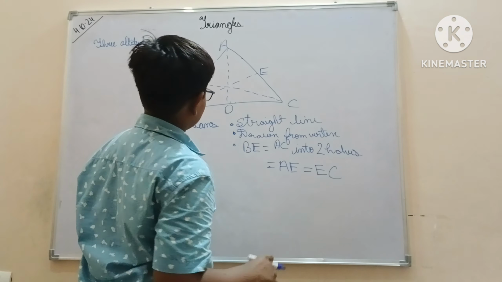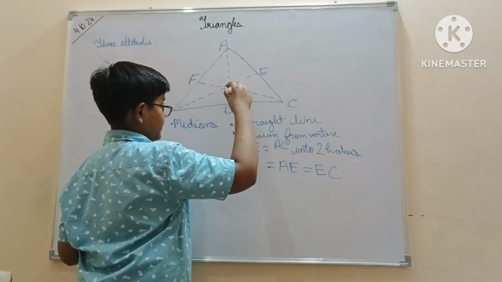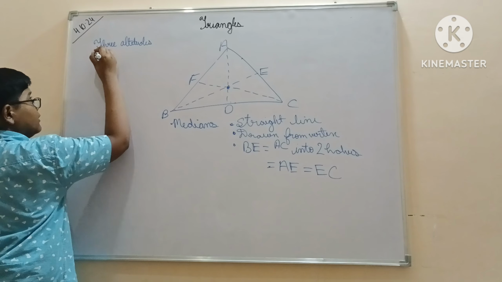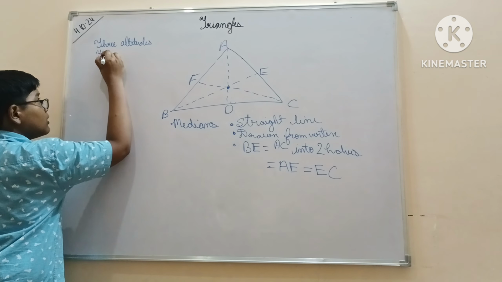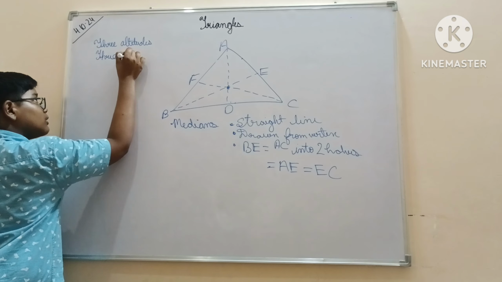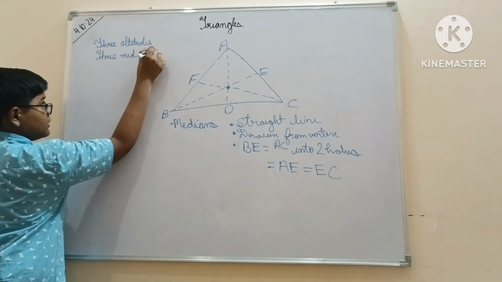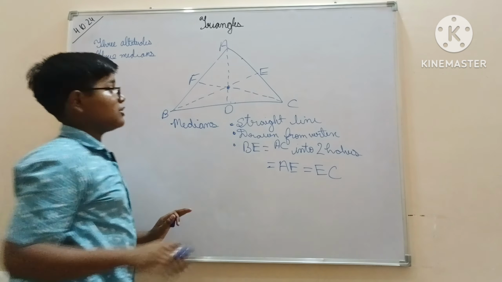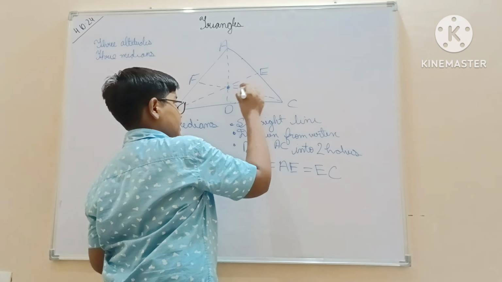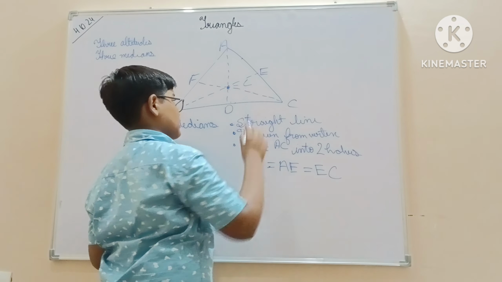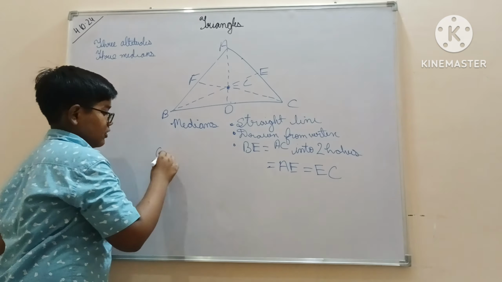And there are three medians in a triangle. The point of occurrence of the medians, as there was a point of occurrence of the altitudes, is denoted by C, and it is called the centroid.